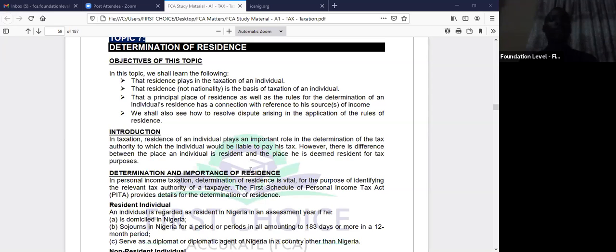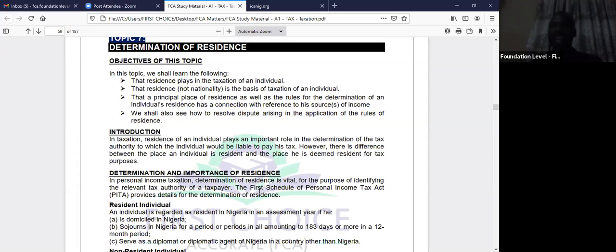Now, who is a resident individual? A resident person or individual will fulfill one out of these three characteristics. One, he is domiciled in Nigeria. When we say domiciled in Nigeria, it means that he lives in Nigeria.